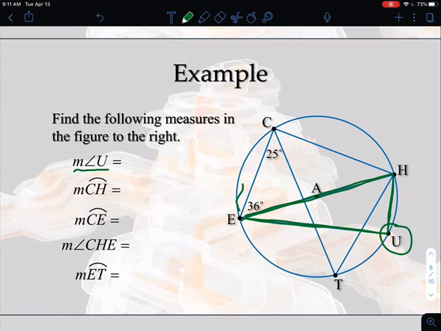So EH is a diameter here, which means this whole angle in green is 180 total degrees, which means my angle measure would have to be half of that, and this is one of those where I get my right angle. And so the measure of angle U would be 90 degrees because it opened up to a semicircle.